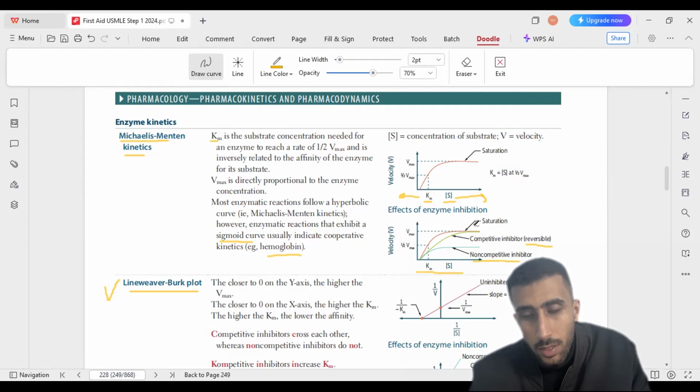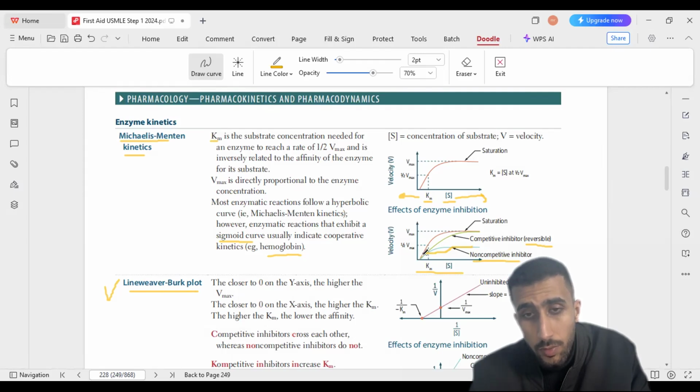After this, the curve is going to be flat. The non-competitive inhibitor is going to affect the Vmax. You will not be able in any way to reach the Vmax. The curve goes up and plateaus here.